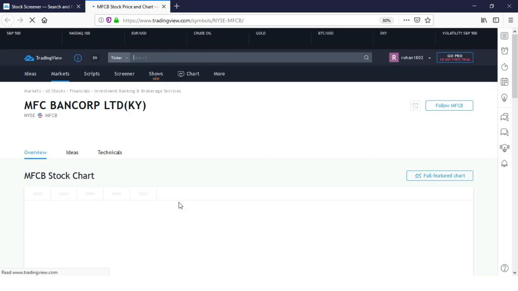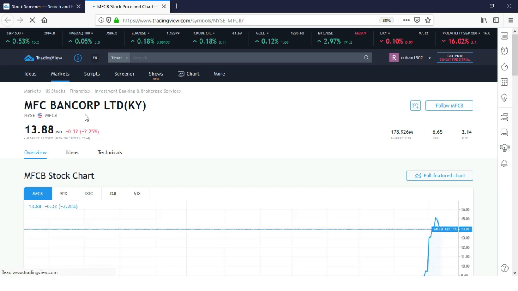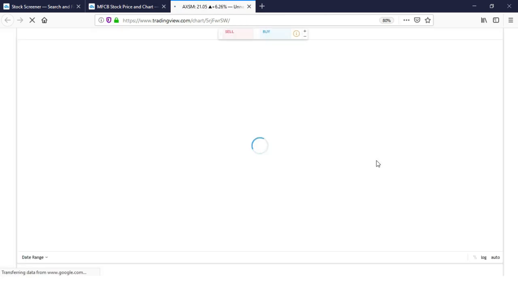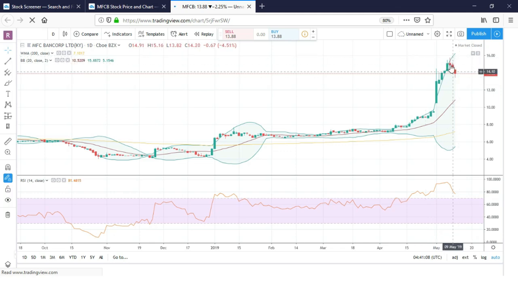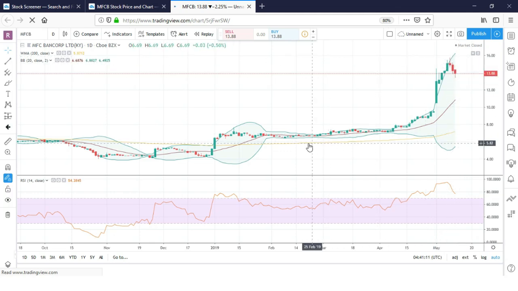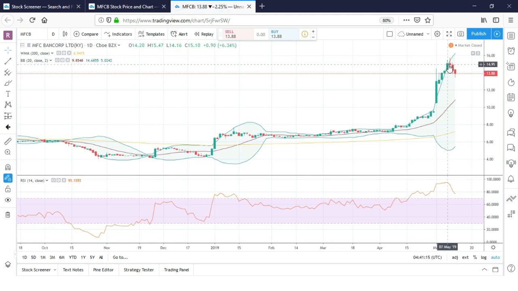So we just click MFCB stock chart, that is MFC Bangkok Limited. We use the full feature chart, and with the help of that we can identify the reversal from there. The Bollinger Band is squeezed previously and the first Bollinger Band close above will give you the reversal figures.